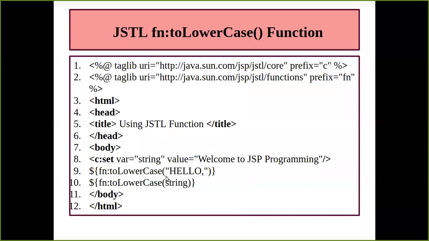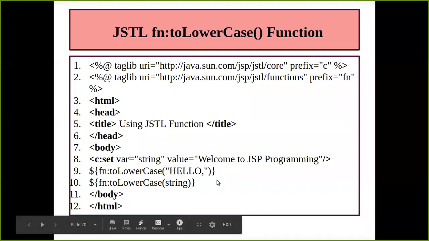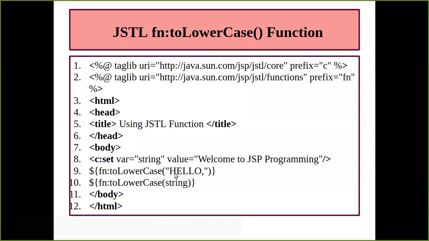We are trying to convert the word which we pass directly to the function, that is Hello. So don't get confused about where the Hello came from. If I want to ignore the set tag which comes from the core tag, I can make use of only the function tag.